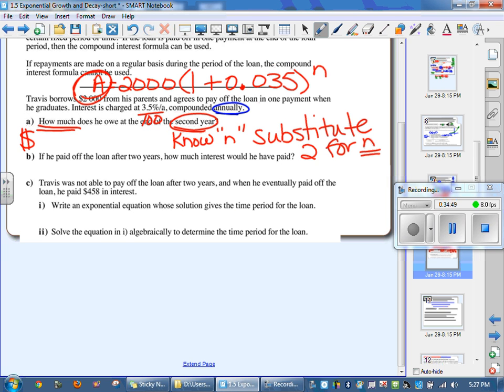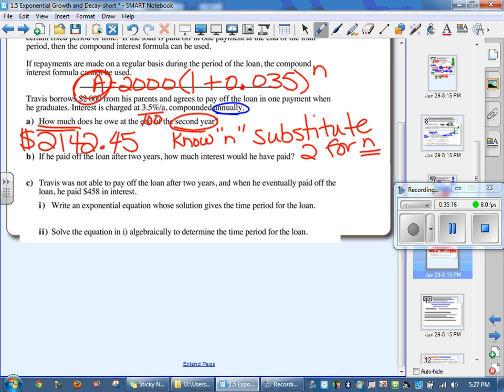So how much interest does he actually pay? Well, that's what B's asking us. If he pays it off in 2 years, how much interest does he pay? Well, the 2142 is the total amount he has to pay back. That's not the amount of interest. How do you find the amount of interest? You're going to take the A value and subtract the P value. So you're going to take the amount that you accumulated to, and you're going to subtract what you started with.